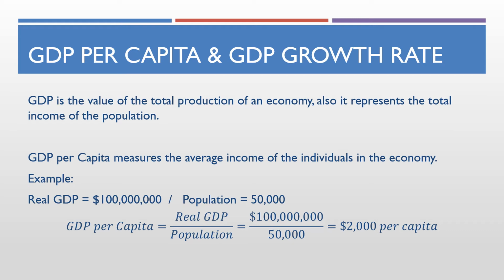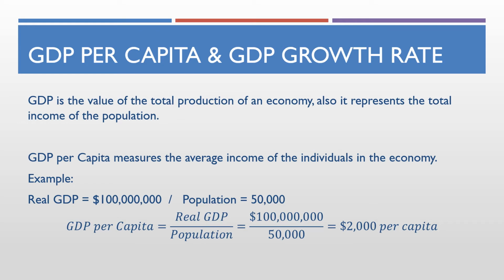Another very useful calculation in the GDP topic is what we call the per capita GDP, or GDP per capita. When we measure the growth of a country, of course, we use the real GDP change or the real GDP growth rate to represent how the country is getting more successful or increasing in size.